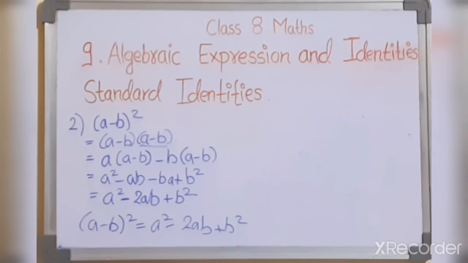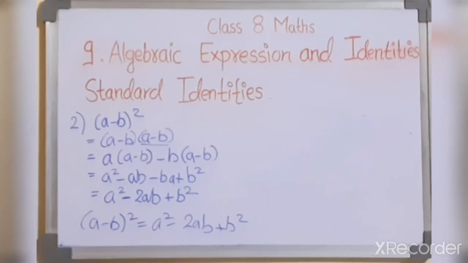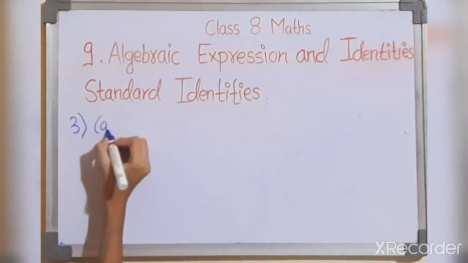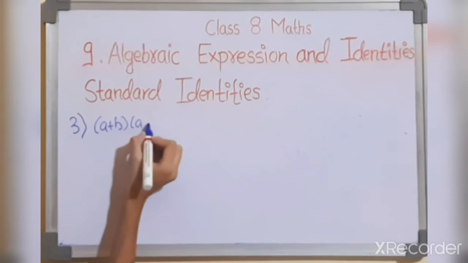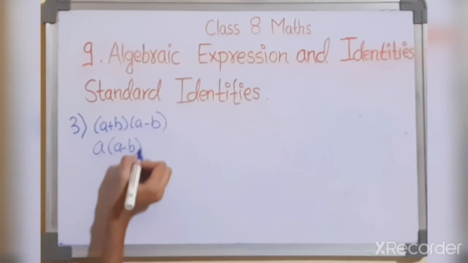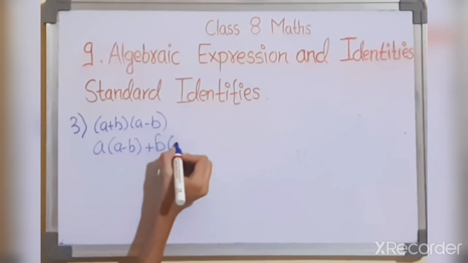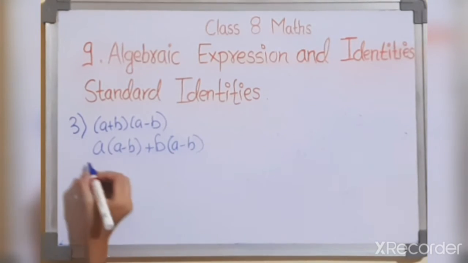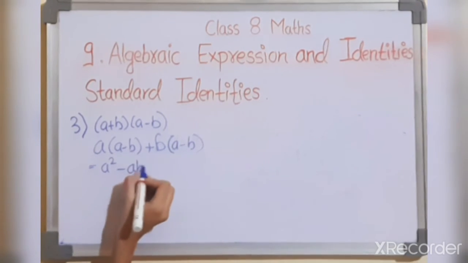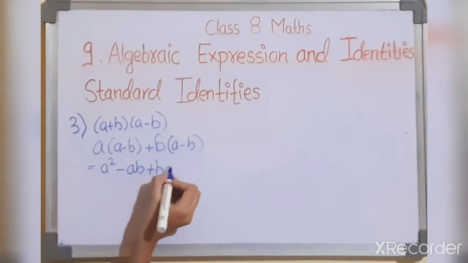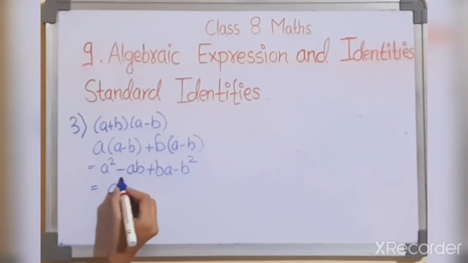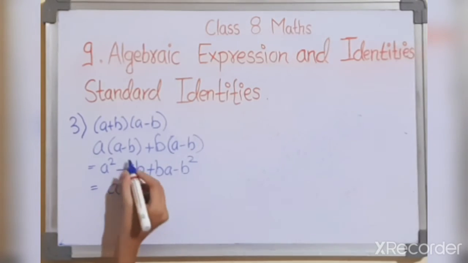Now let's see the final identity. Finally we consider the third one, that is (a + b)(a − b), which is equal to a into (a − b) plus b into (a − b). a into a is a², minus ab, plus ba, minus b², which is equal to a² − b², as these two get cancelled.